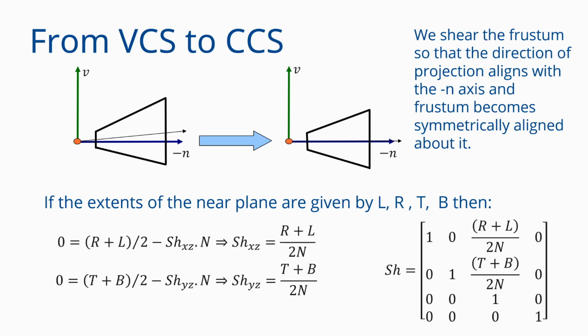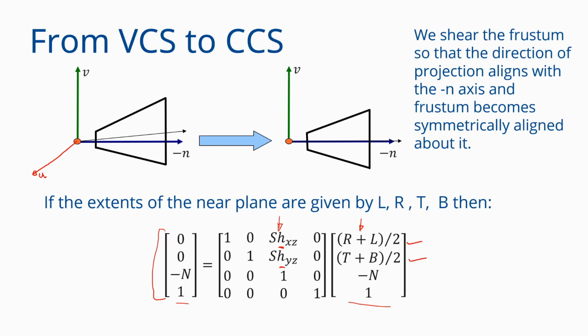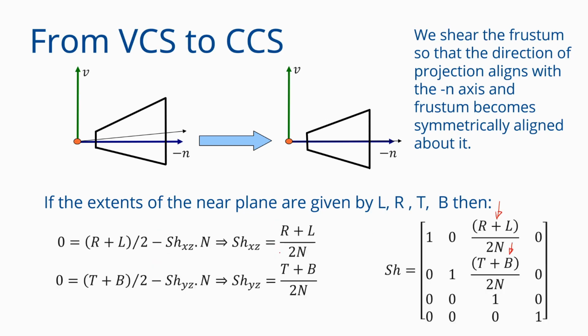So let us have a look at what the matrix is going to be. The matrix, if you compute it, is going to have these parameters. Okay. And how did we get this? Well, we had two unknowns here, right? And you can set up two equations. The two equations are going to look like this, right? 1 and 2. And that lets you figure out the two shear parameters.